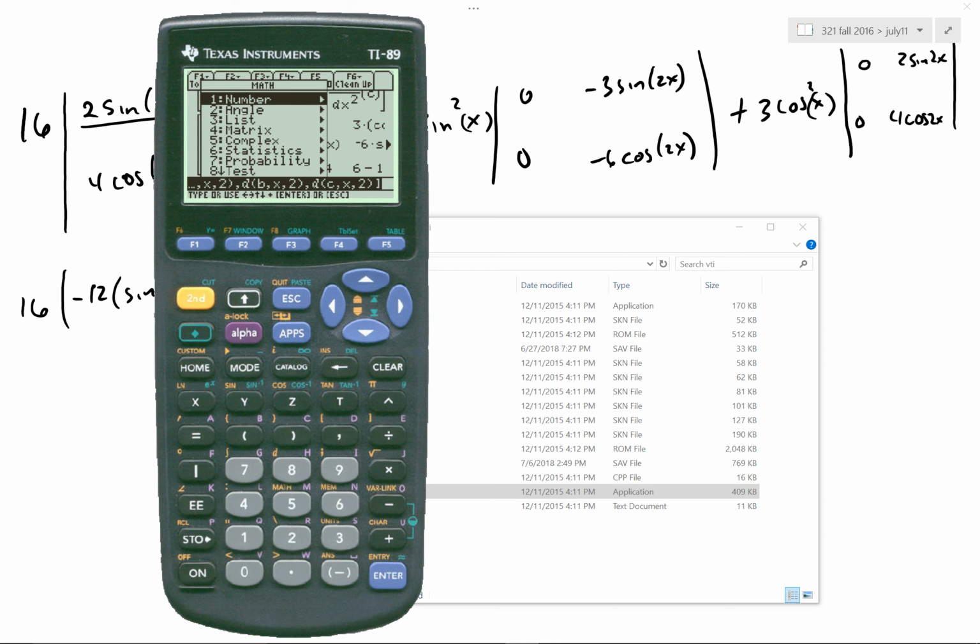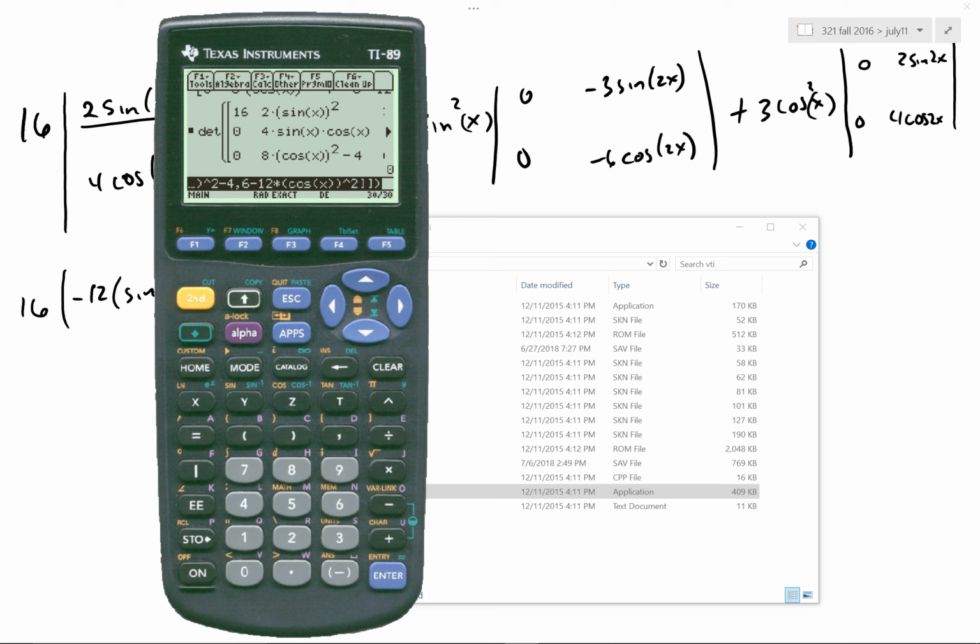Number 4 is matrix, and determinant is number 2. So I'm going to take the determinant and then just arrow up and click on this guy, hit enter, close your parentheses, hit enter, and don't screw it up. Yay, it equals 0.